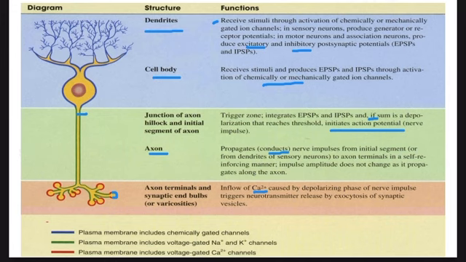This is a plasma membrane including the channel gates here at the beginning. This plasma membrane includes voltage-gated Na+ and K+, sodium and potassium, channels, and lastly here we have voltage-gated calcium channels. Clear?